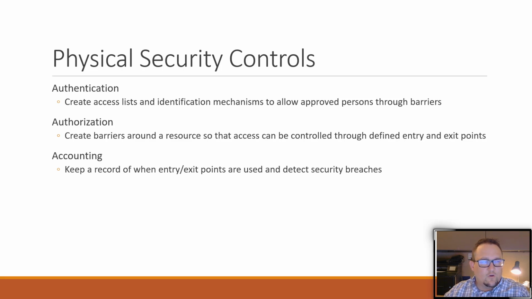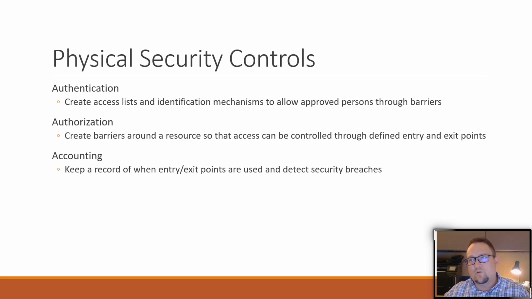Are we sure they are who they say they are? Or are we just allowing them through the barrier? Are we then figuring out their authorization and making sure that that authentication will only authorize them to get to certain locations within our facility? We don't need every employee to be able to get into the server room, but maybe we need certain employees to be able to get in there and others to be blocked.